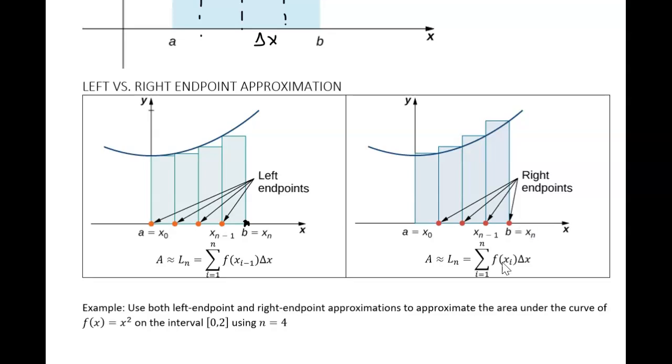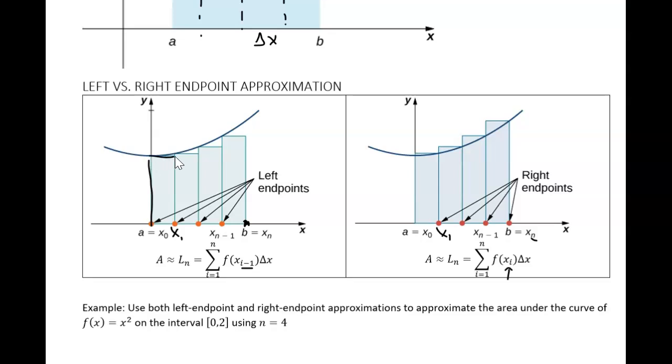And so there's slight differences in the formula. F of xi, meaning you'll end at xn when you're done, and f of xi minus 1, which means you will start at x0. And so your area is approximately the height of the function at your x point times delta x, which is the width of the rectangle.